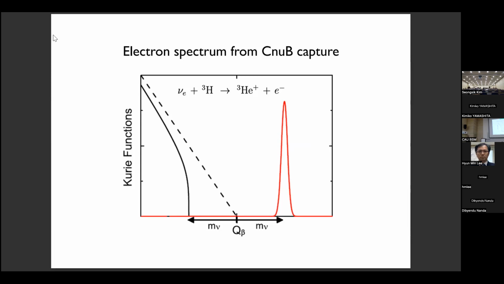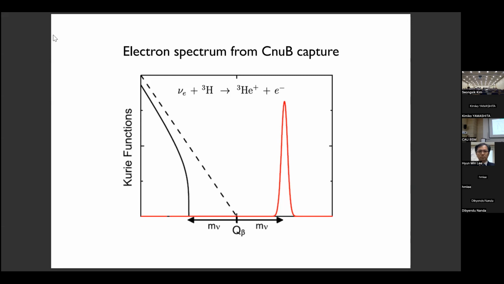That is an additional interaction to the previous natural beta decay. So in this case, the electron has additional energy from the mass of the neutrino. So in the energy spectrum, they can make a peak, the red line. That position is exactly the same as the mass of the neutrino, because this neutrino is non-relativistic. So if we can observe this peak, then maybe we can say that we measured the cosmic neutrinos.